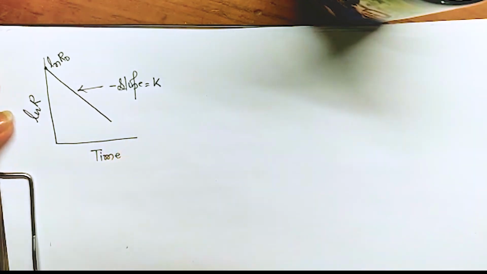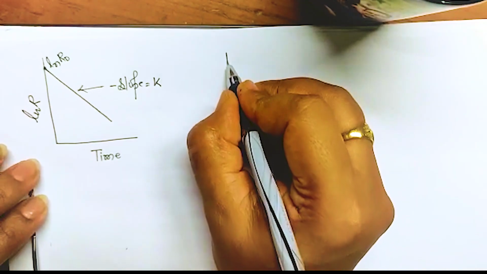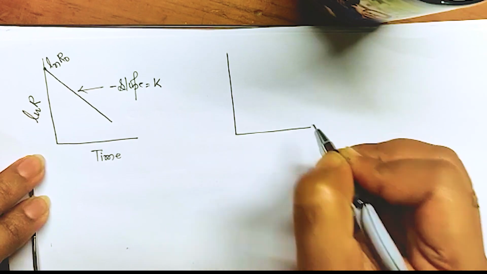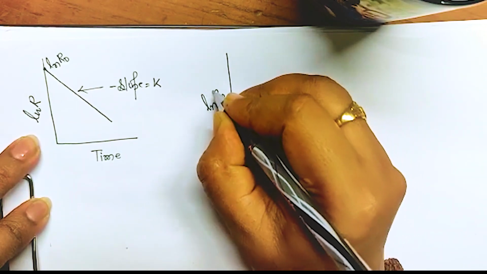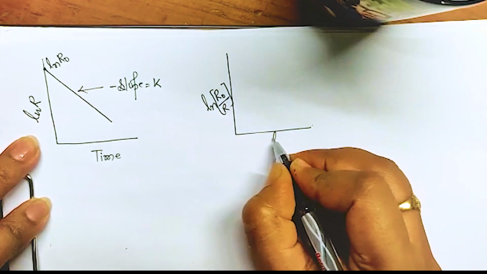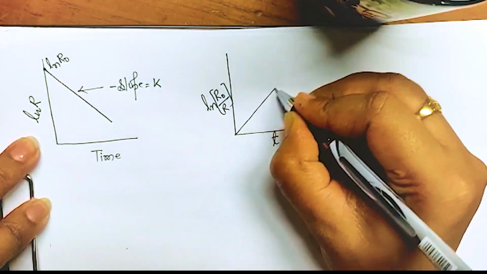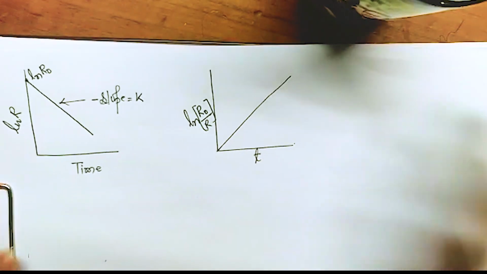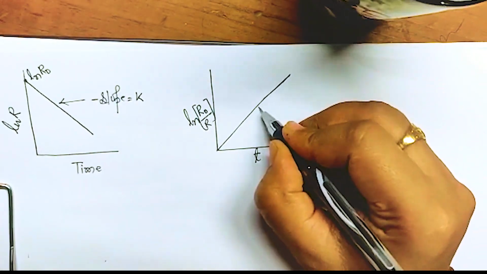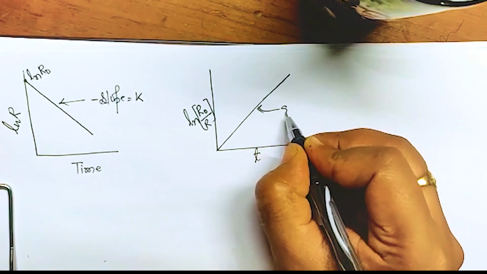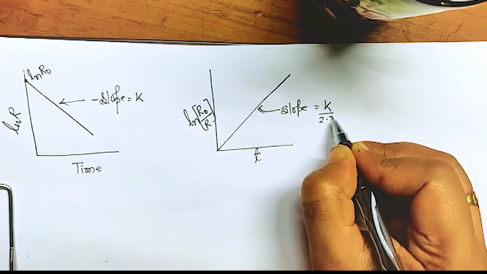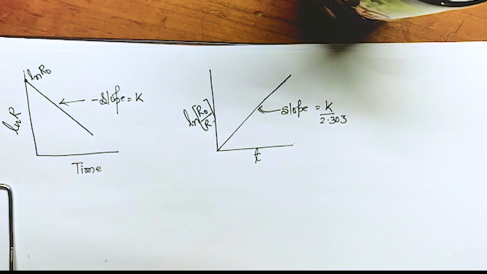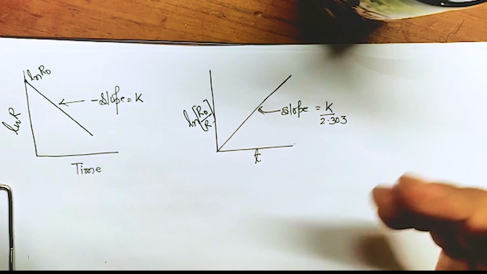Similarly, if I take ln r naught upon r with respect to time, then it will be a straight inclined line in an increasing way, with a positive slope, and this slope will be the value of k upon 2.303. You can check from the graph, you know how we have to draw the graph, based on the y is equal to mx plus c formula.